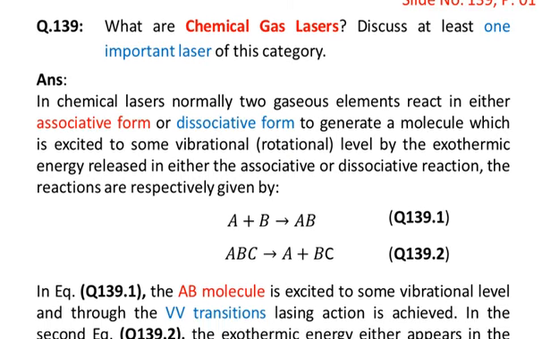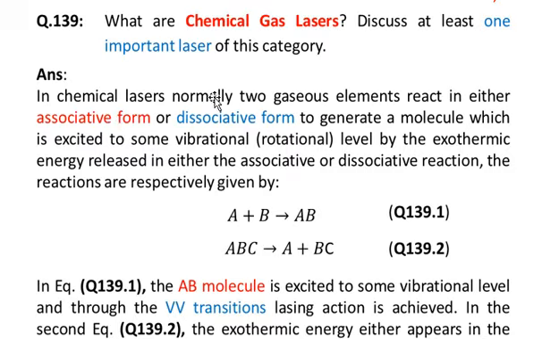The answer is, in chemical lasers, normally two gaseous elements react in either associative form or dissociative form to generate a molecule which is excited to some vibrational rotational level by the exothermic energy released in either the associative or dissociative reaction.